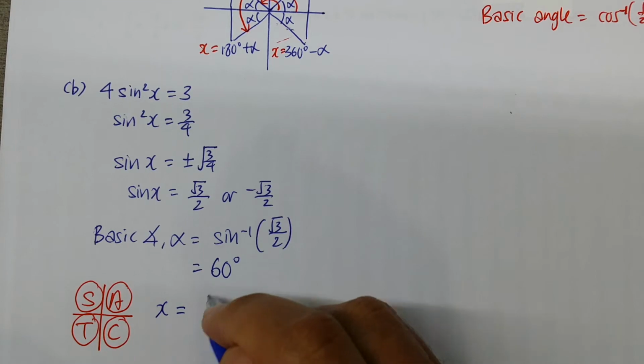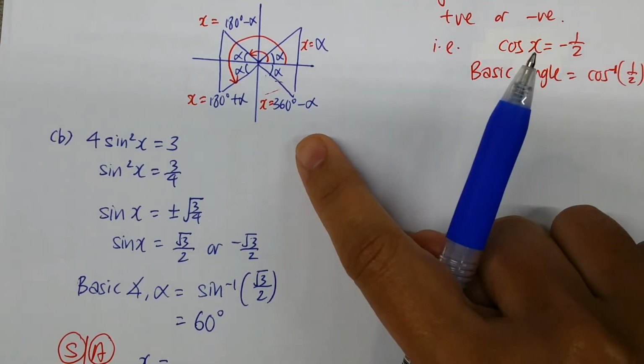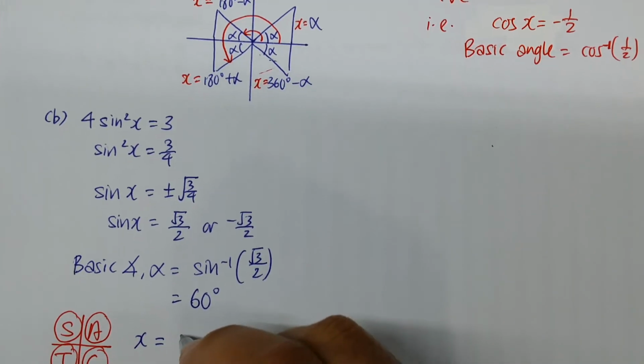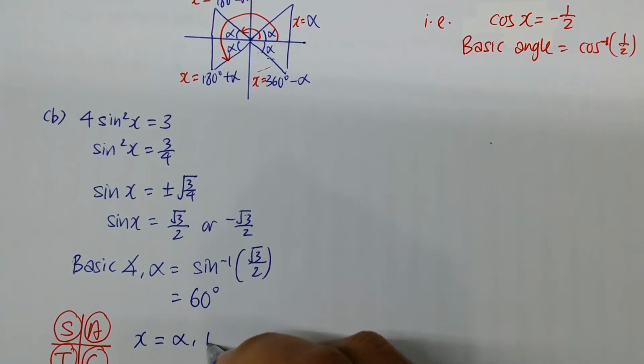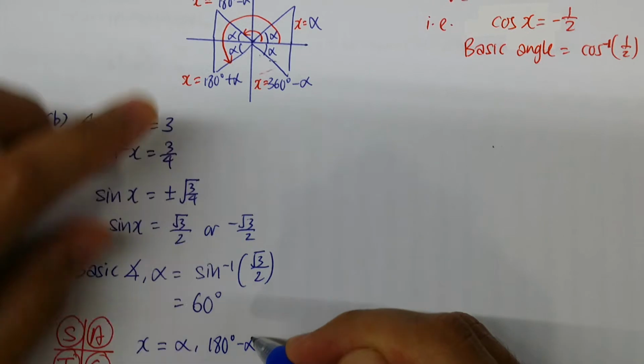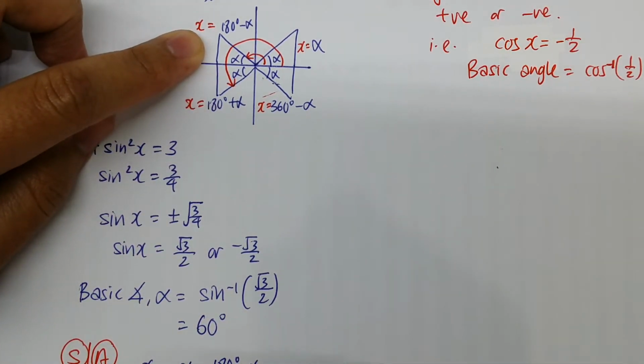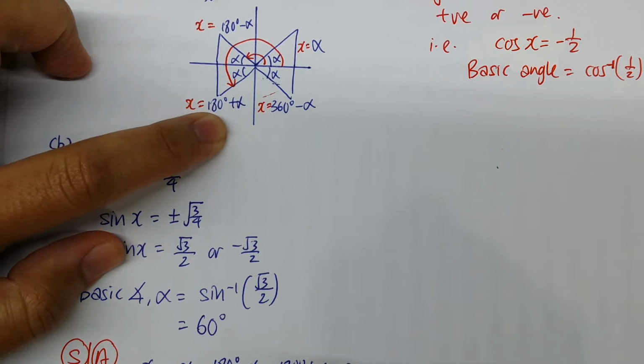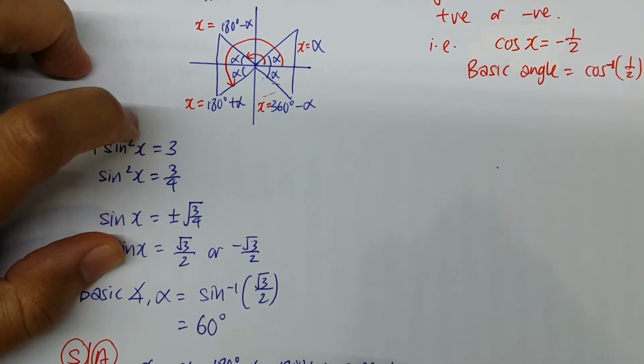So my x, if you can recall what I've just drawn, okay, now let me help you more. x will be alpha, 180 minus alpha, second quadrant; 180 plus alpha, third quadrant; 360 minus alpha, fourth quadrant.